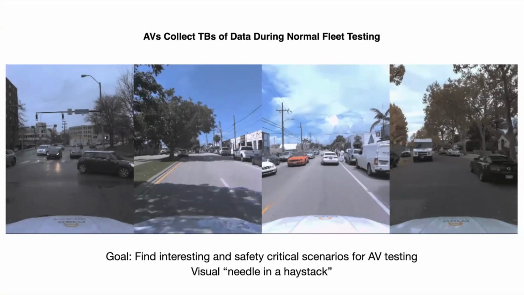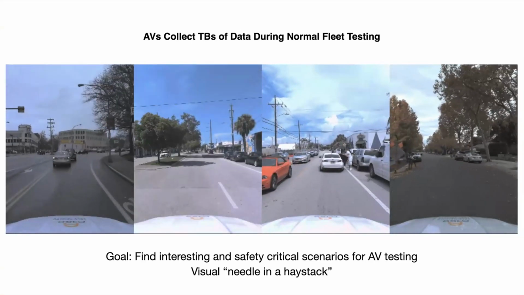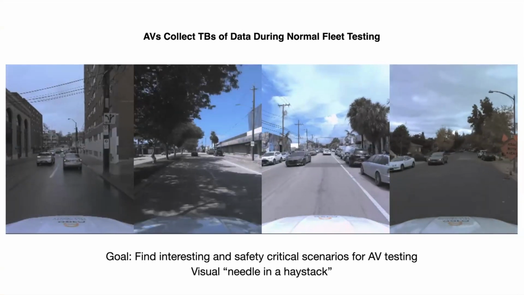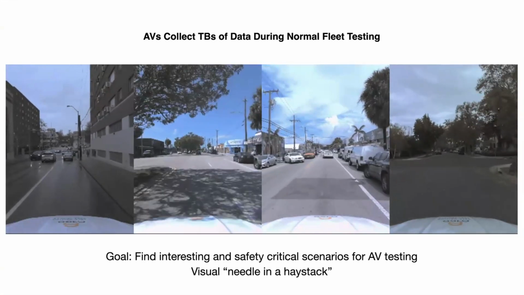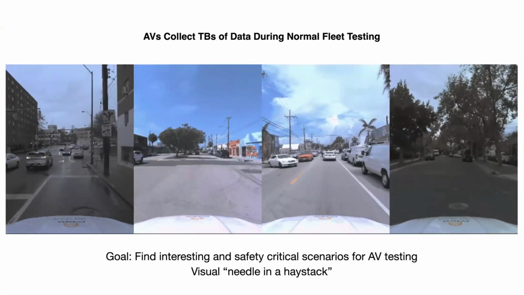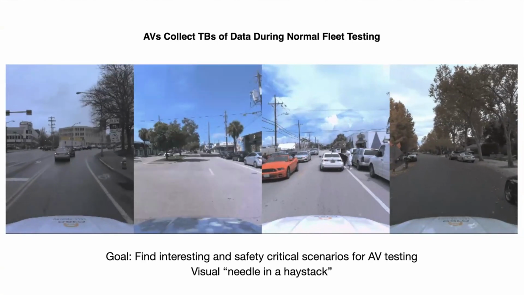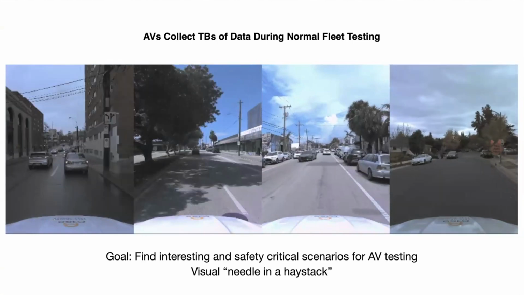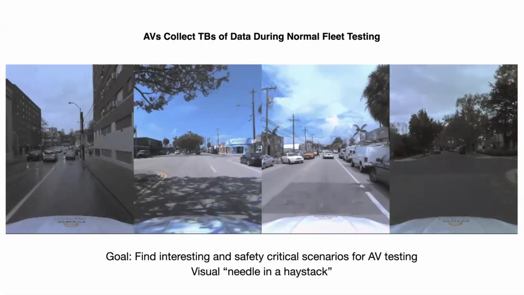In order to populate our simulators with interesting and compelling scenarios to really stress test our stacks, we'll have to search for needles in a haystack. The hypothesis that we're making is the first thing we want to do is, given the loads of terabytes of data that we have, find interesting and safety critical scenarios from which to identify behaviors and then populate simulators with those kinds of behaviors.